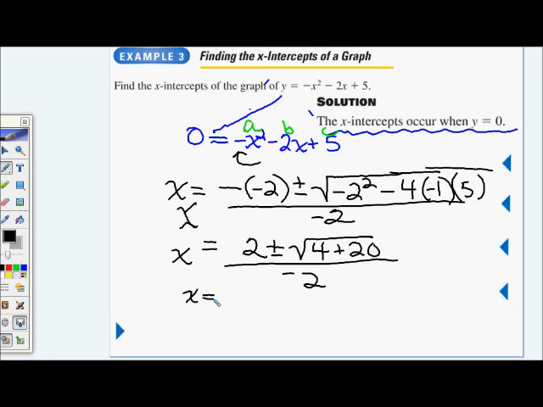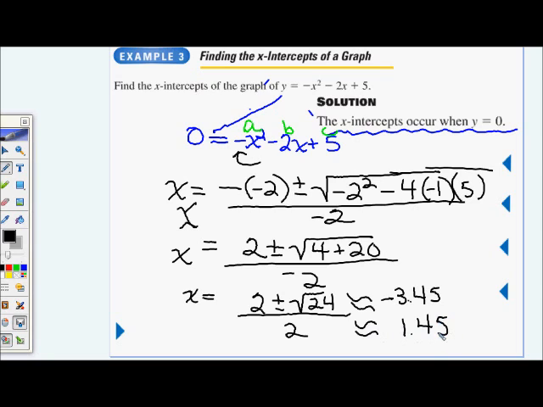So now I'm going to get that x is equal to 2 plus or minus square root of 24 over negative 2. Again, we can't simplify that, so I'm going to get some approximations here. If it is a positive value in there, it's going to be a negative 3.45. And my other value, if I use the negative square root, would be 1.45.